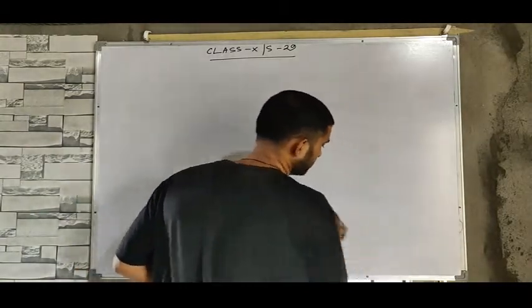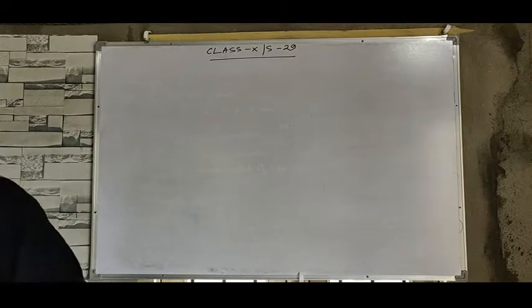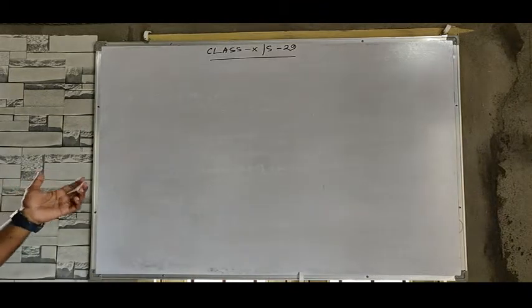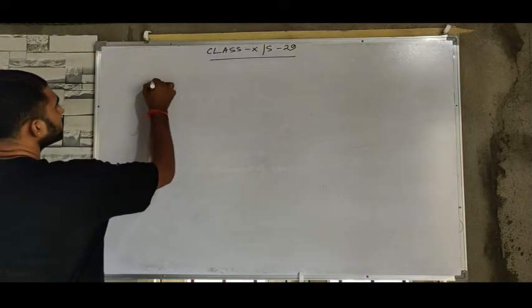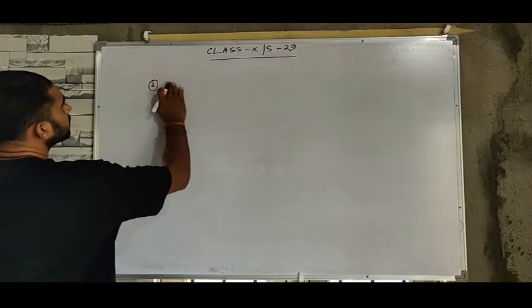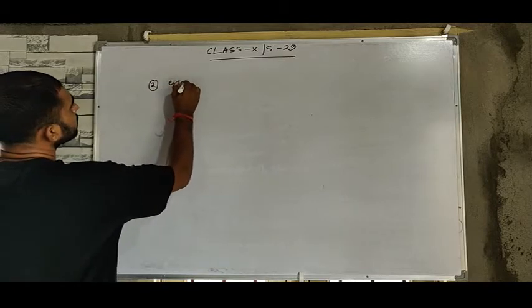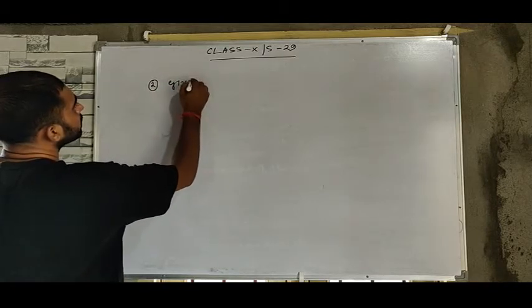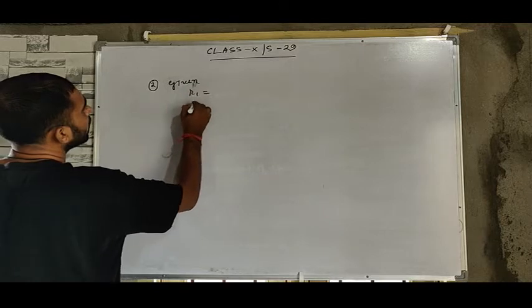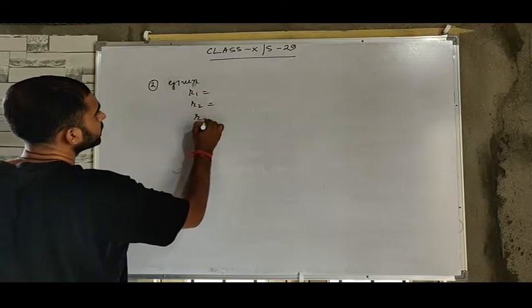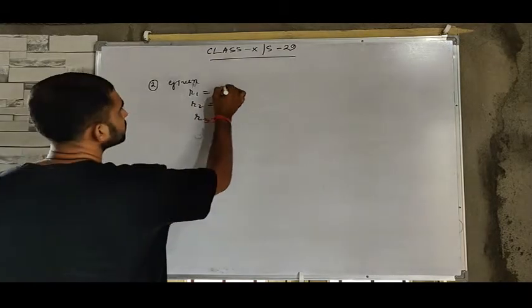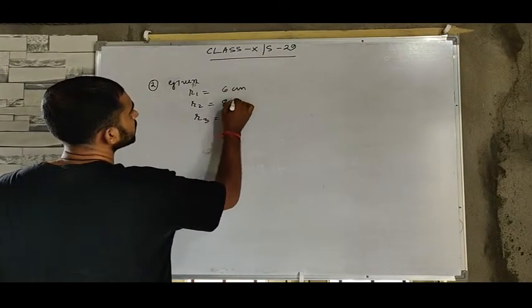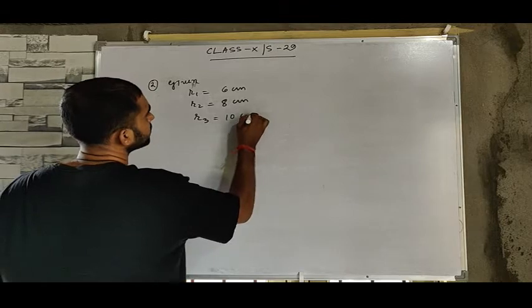Here, as you melt the three small spheres to form the larger one, the volume of the three small spheres is equal to the volume of the larger sphere. Given R1, R2 and R3: what is R1? 6 cm, 8 cm and 10 cm.